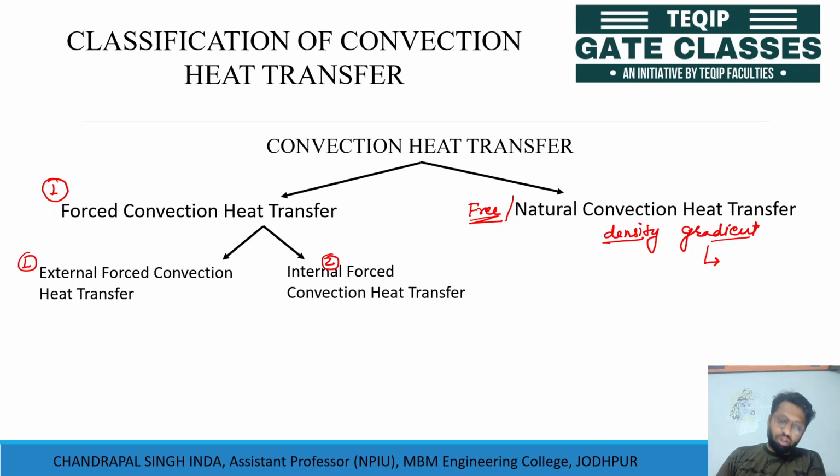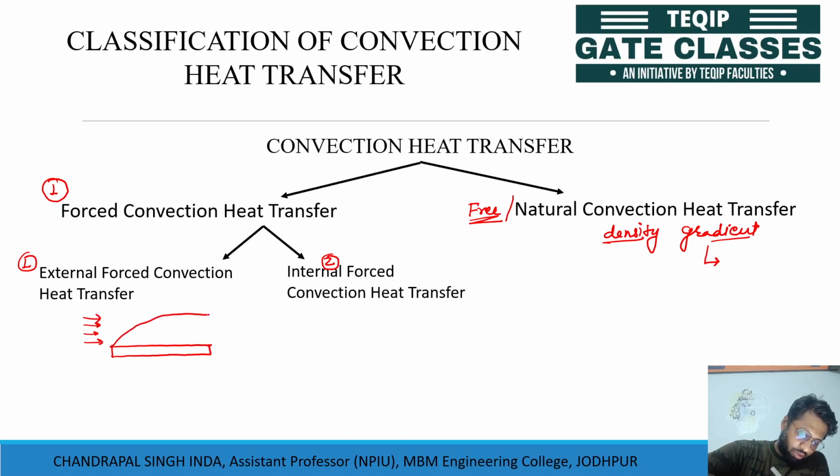In external forced convection, the fluid is allowed to flow over the surfaces. So examples of this are the cooling mechanism of gas turbine blades and the cooling mechanism of ICs of computers and laptops.